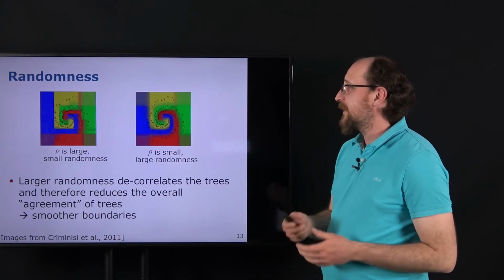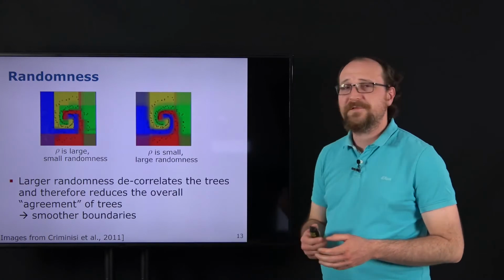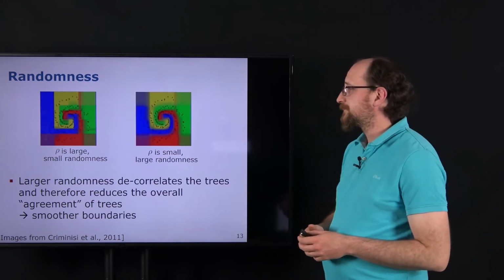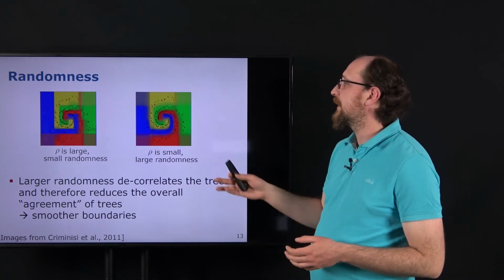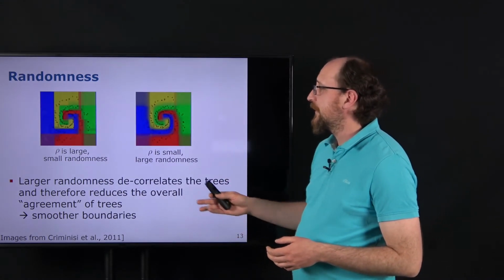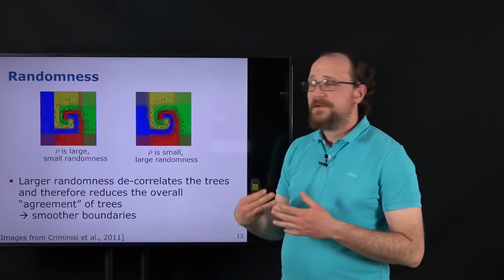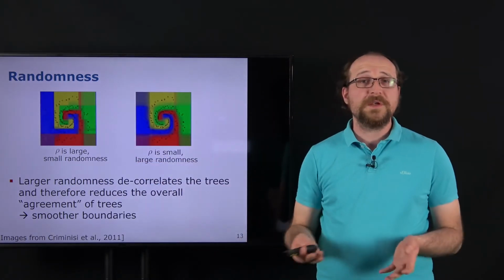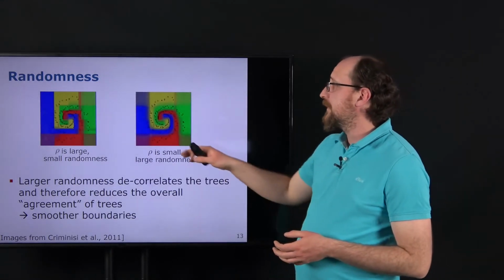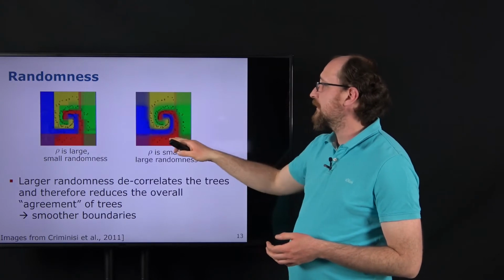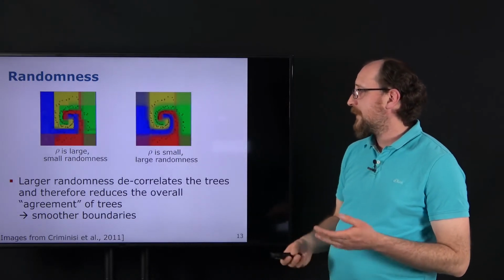And talking about the randomness, we see that we have to use a large randomness to get nice boundaries in the end. When the randomness is too small, as I said, all trees basically agree on their prediction, and then we don't get the uncertainties correctly.